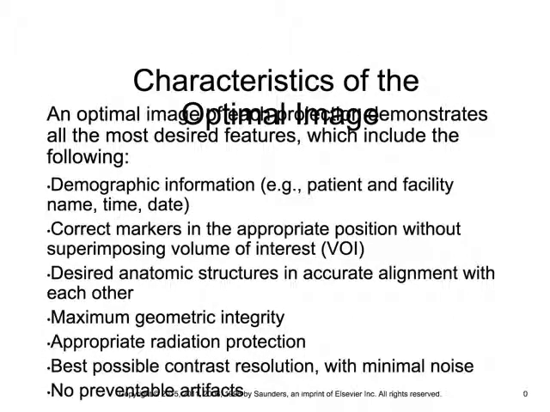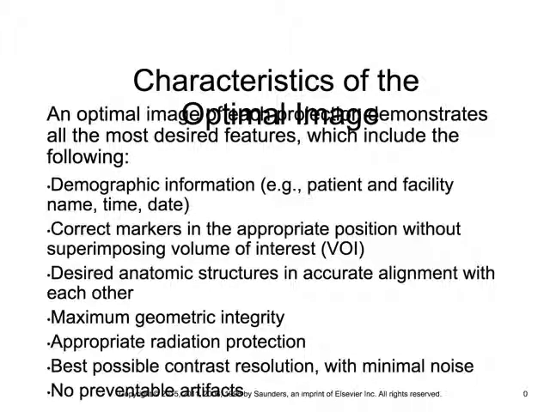Oh my goodness. This is a good example of what not to do with a slide. Characteristics of an optimum image. An optimal image is going to demonstrate all of this stuff, and this is outlined on that check sheet. Another way to talk about this is that PACEMAN thing. This is just going to unpack it a little bit to a greater degree.